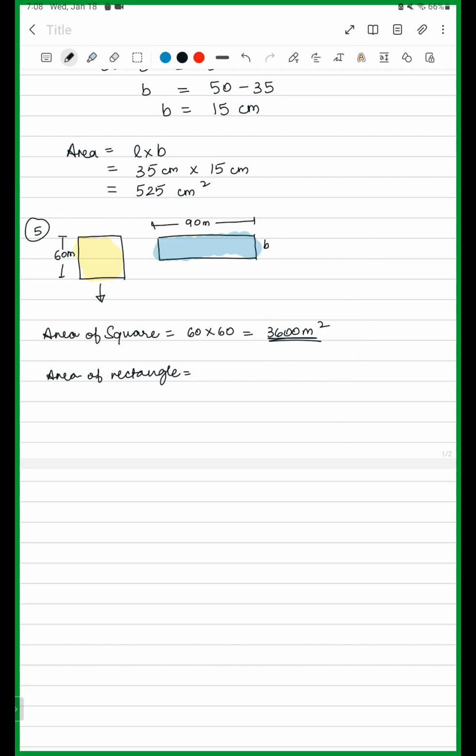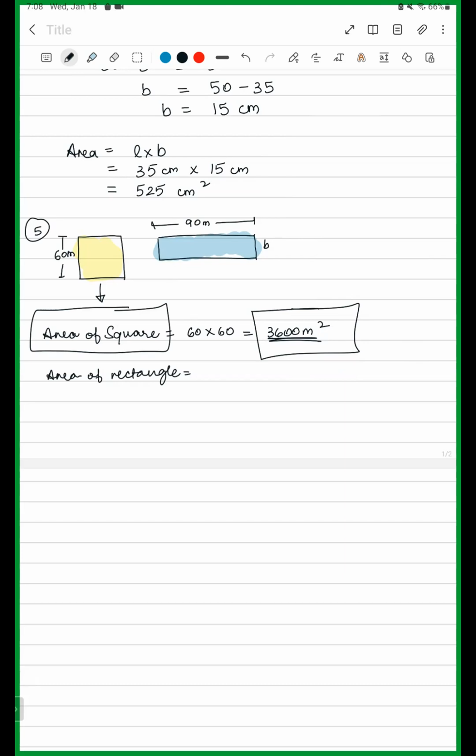Right? Yeah. So area of the rectangular park will be how much? 3,600 meters squared. Why? Because they both have the same area.